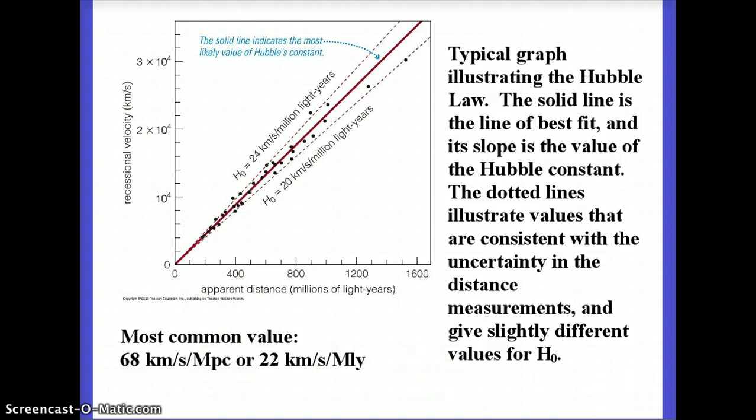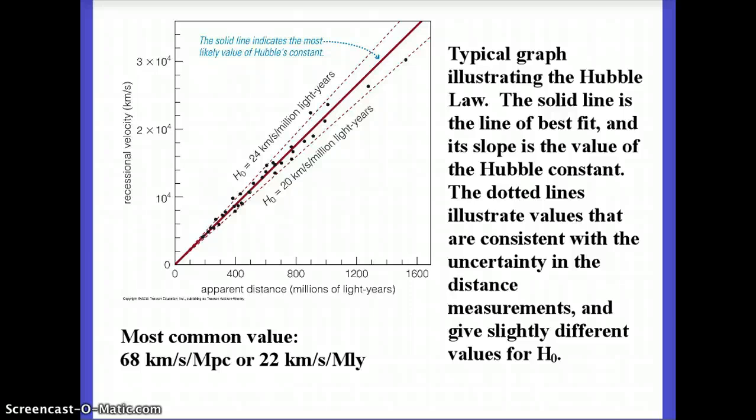This is the best value that we have today. But because there is uncertainty in the distance measurements, there is uncertainty in the value of the Hubble constant, and so, for instance, just on this graph, you could come up with anything between 20 and 24 kilometers per second per million light years, and those would be equally good values.